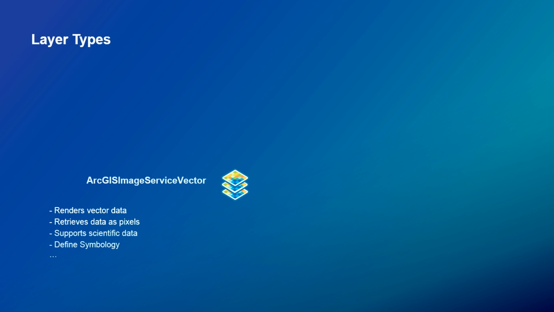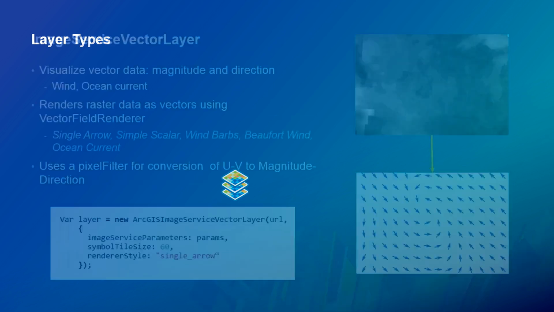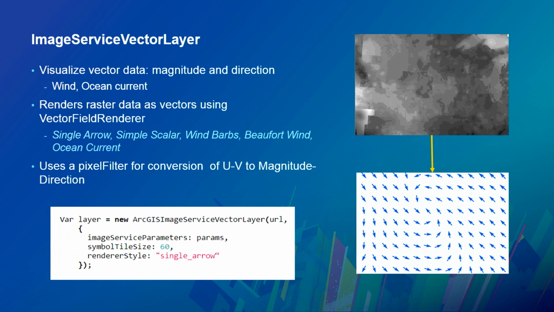So anything that has a magnitude and direction component is rendered as vectors with arrows or different kinds of symbology that make it more meaningful. And the WCS layer supports the OGC WCS convention.